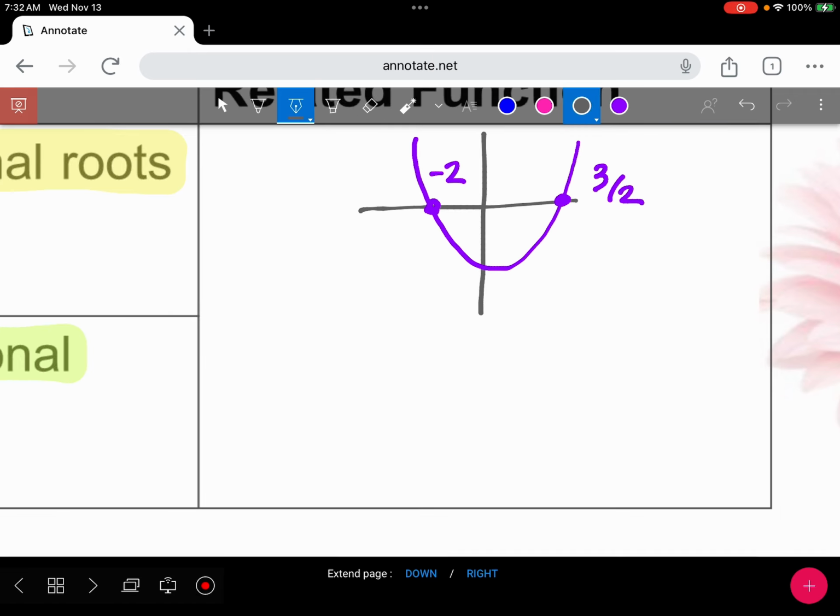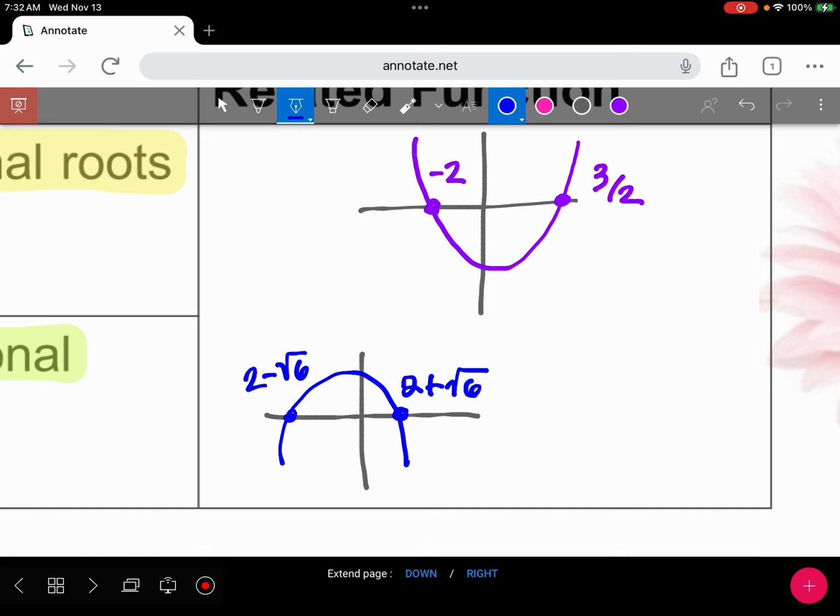If we have irrational roots, that's when we graph this. And we could have upside downies, they don't have to be right side up. But they're going to be something icky, like 2 plus the square root of 6 and 2 minus the square root of 6. But they cross the x-axis.